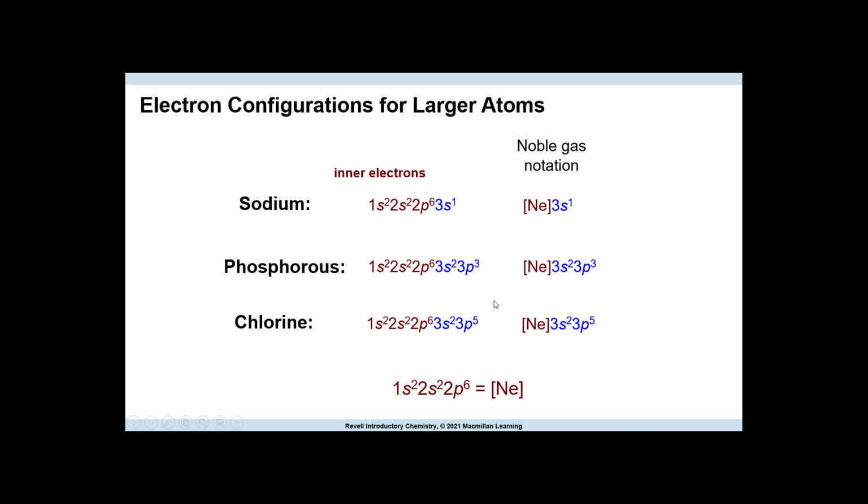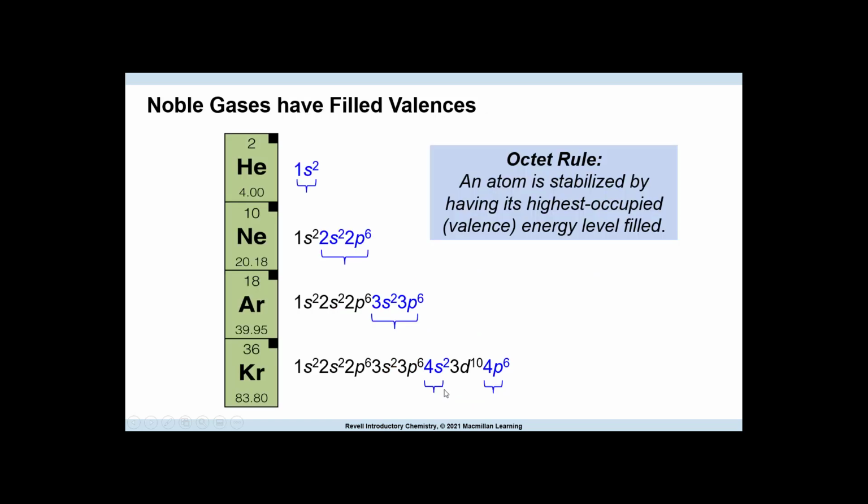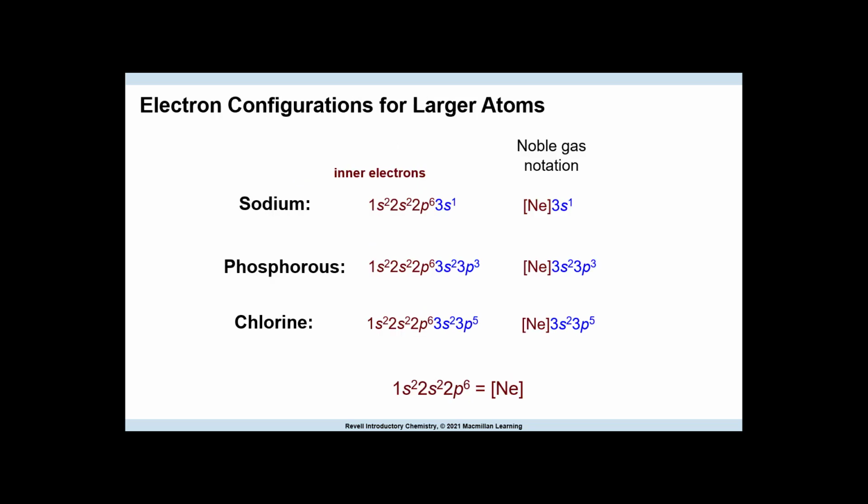So if we look at neon, neon has its outer, the highest occupied valence electron level, has 8. So it is stable, and it matches all of these. So we could actually use an abbreviation with square brackets to replace this, and that is what you see here.